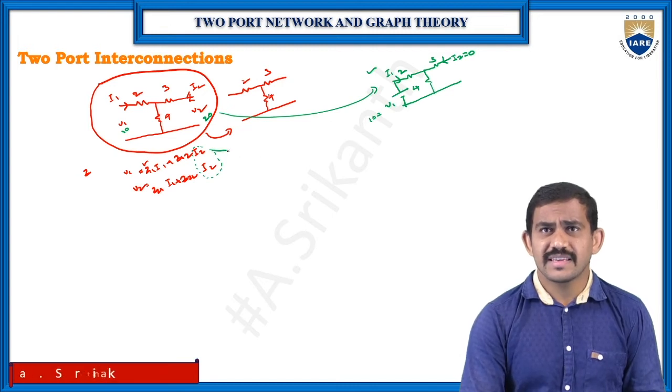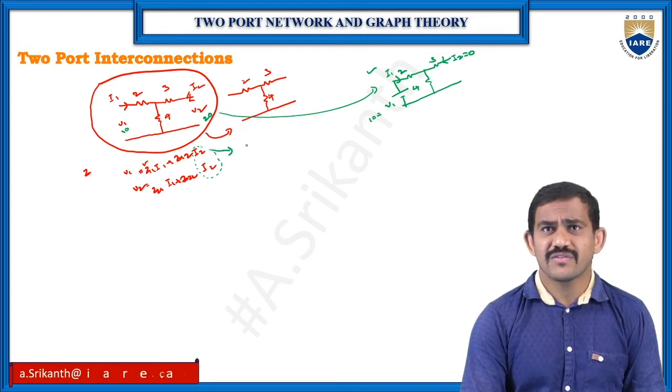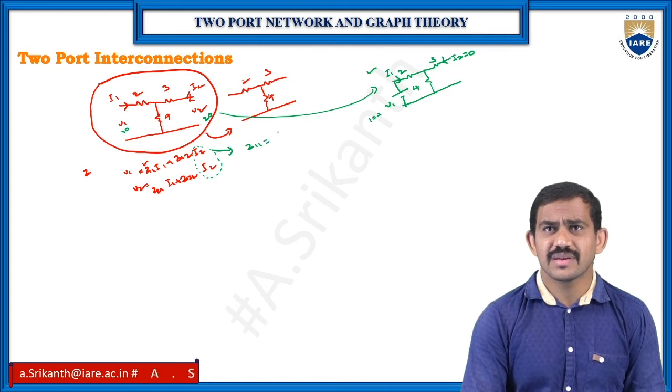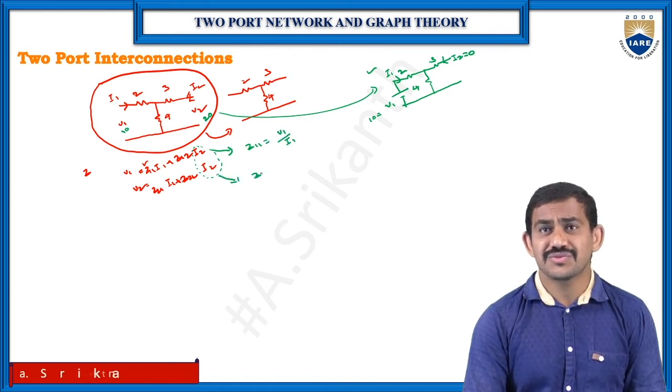From the first equation, Z11 is nothing but V1 by I1. And from the second equation, Z21 is V2 by I1.